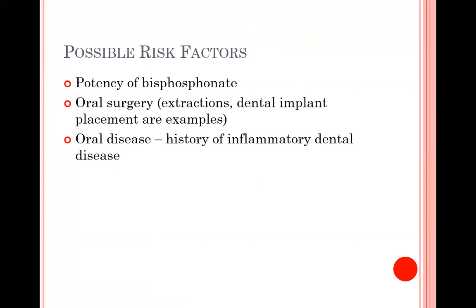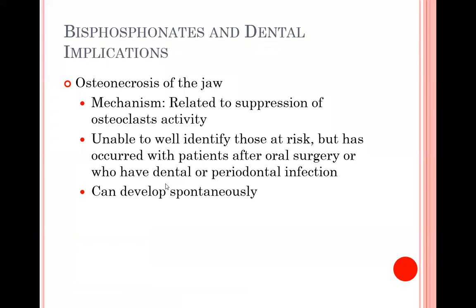The main one is a board review question that I found, which talked about cutting off blood supply as being a risk factor for ONJ, but really some of the main mechanism of action you can see here is that osteoclast activity is suppressed. So it can have different reasons for why it manifests itself in patients.